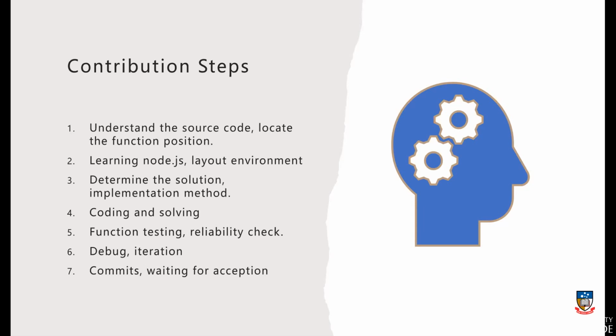Then we will determine the solution and implement it. After that, we will do some function tests to check the reliability of the solution. Then we will do code review before the pull request and keep iterating this process to make sure there are no more bugs.